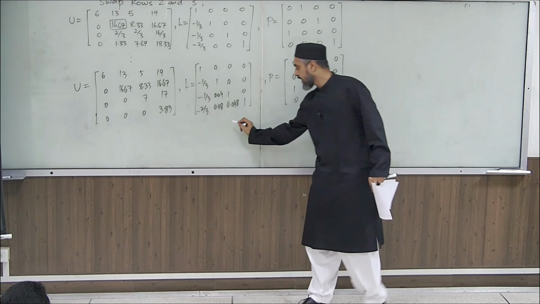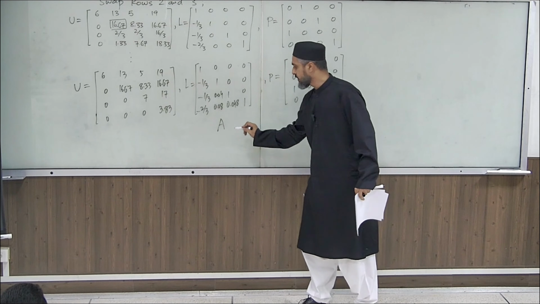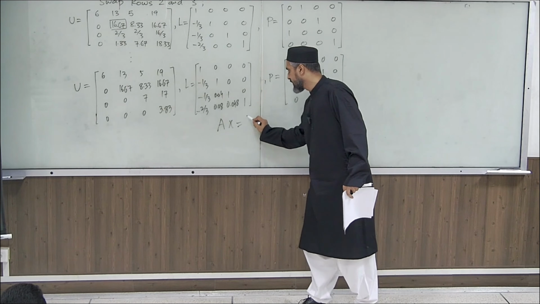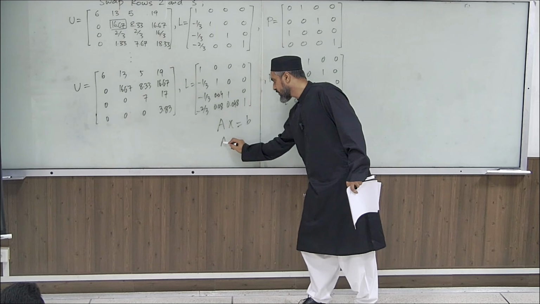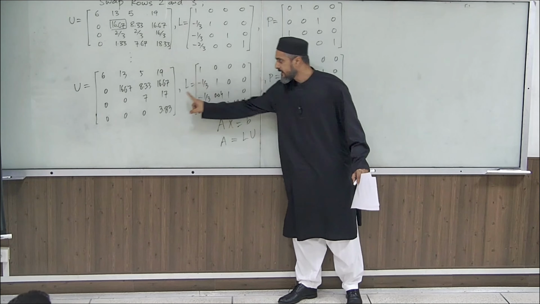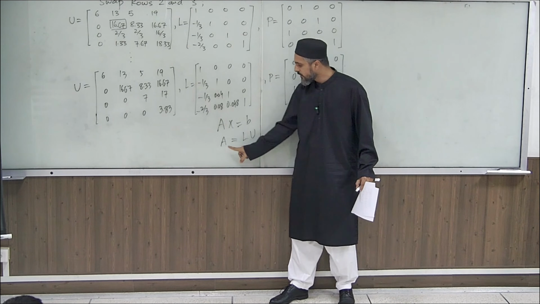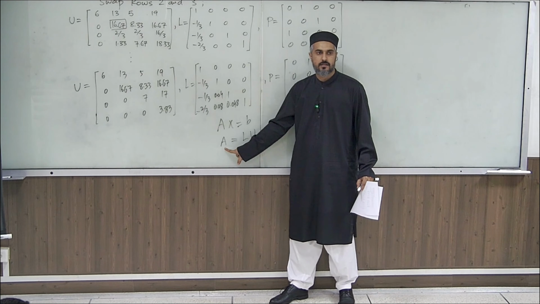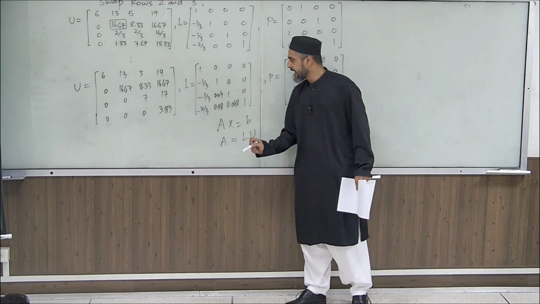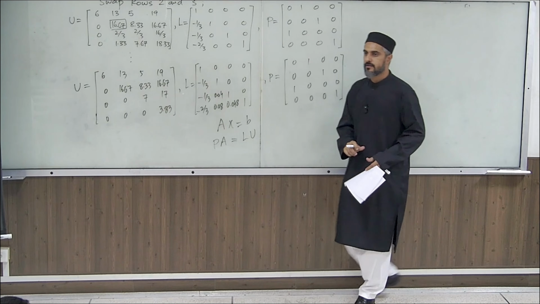And if our original equation is A x equals B, and I have converted A into LU form, but if you multiply this lower triangular matrix and upper triangular matrix, you will not get A, but you will get PA.